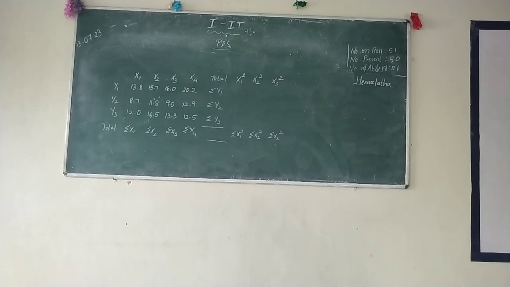Summation of y1, how much? Check it: 65 and 68, so 65.7. Summation of y1 is 65.7. y2 is 42.4. y3 is 54.3.